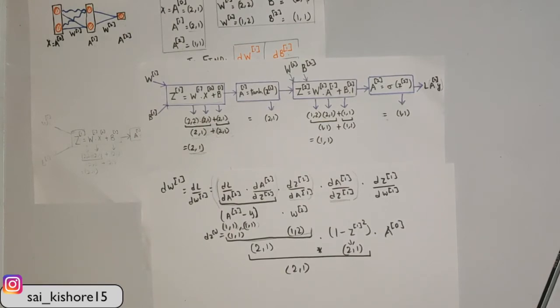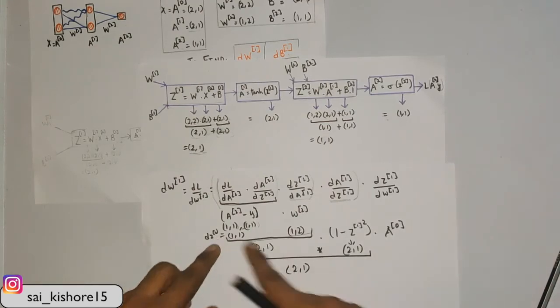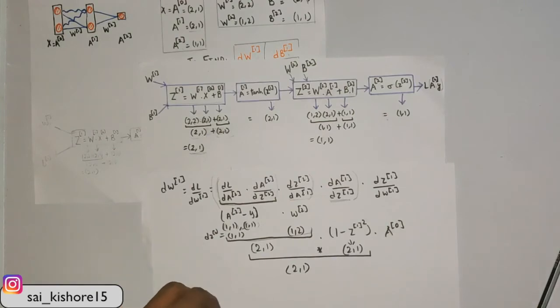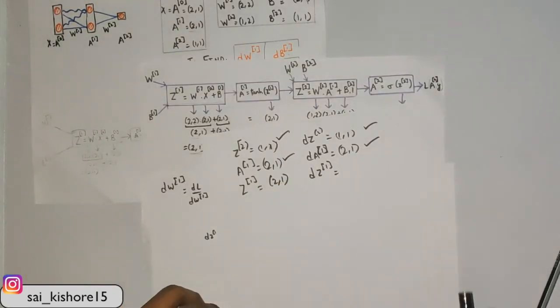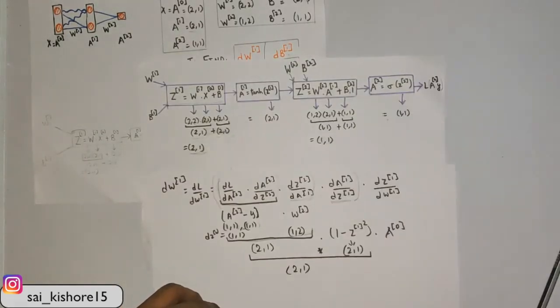It doesn't matter what type of multiplication you do, it only matters to match the shapes of what you want. In our case, we want this dz term to be in the shape of 2, 1. So we are performing element wise multiplication here to get 2, 1.